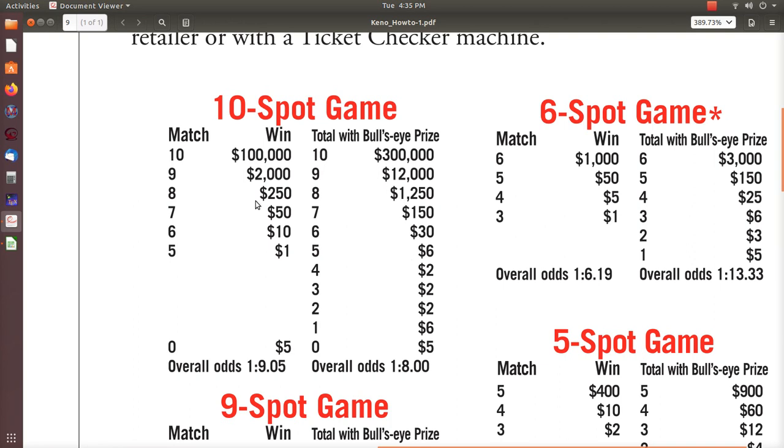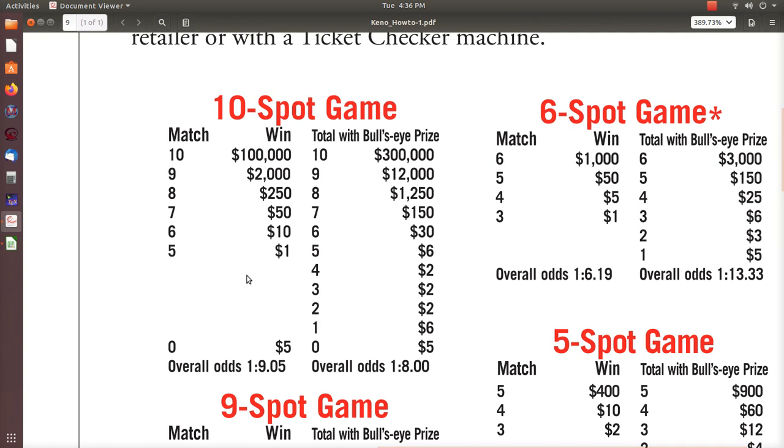Now, an interesting point here though is if we play base casino without the bullseye option, there's certain probabilities to be in this column. For instance, the probability that you match 7, you win $50. Now this is regardless if you match the bullseye or not, because you didn't play it. So there's certain probabilities associated with it.